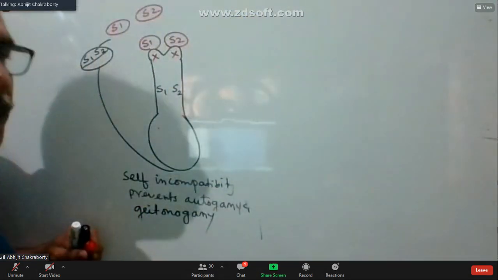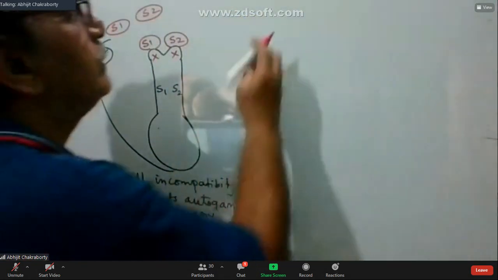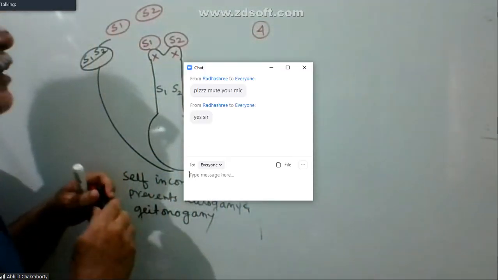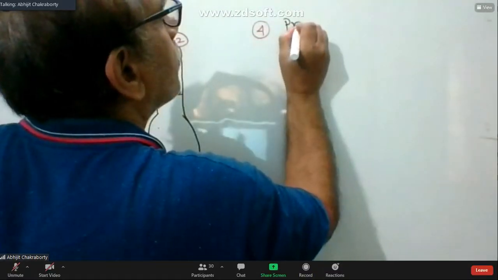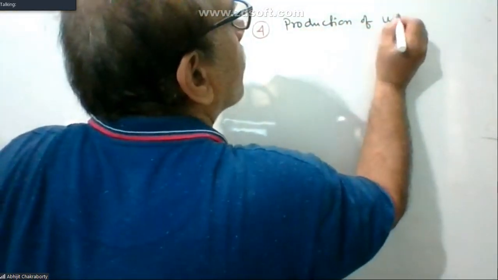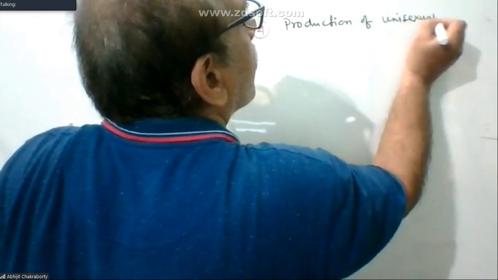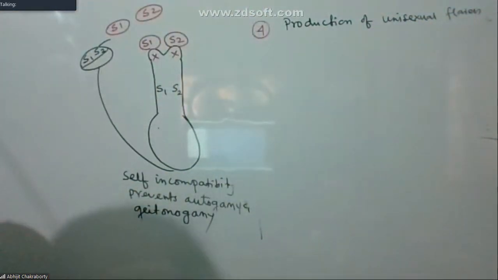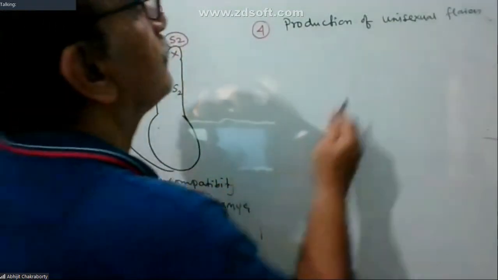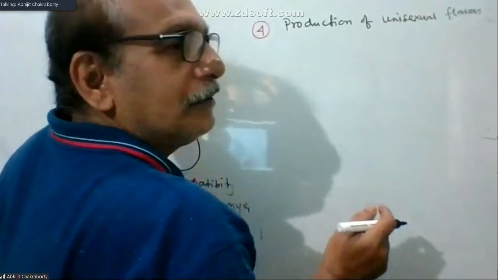So third one was self-incompatibility, and fourth one is production of unisexual flowers. Two types may be found.